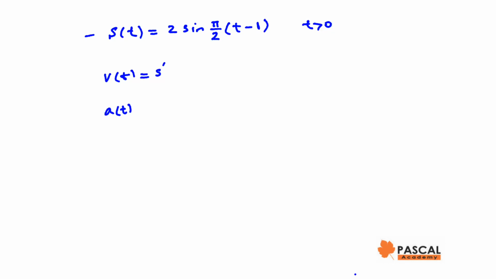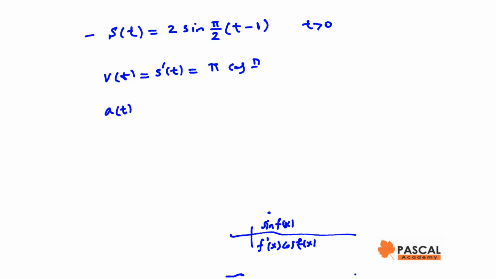We know velocity is the derivative of the position function. The derivative of sine of f of x is f prime of x times cosine of f of x. Therefore, the derivative of the given function is pi over 2 times 2, which is pi, times cosine of (pi over 2 times t minus 1).